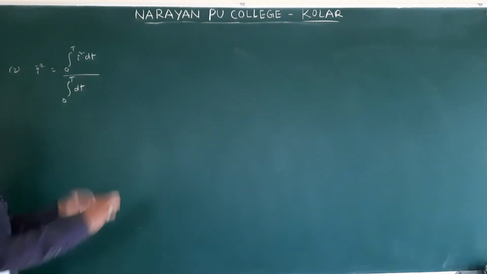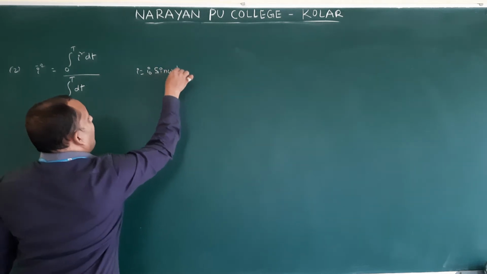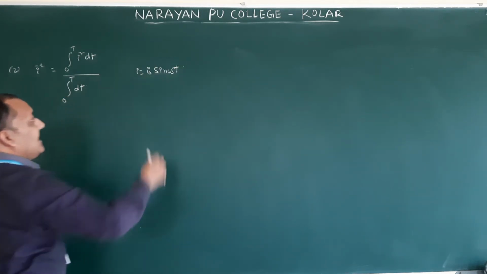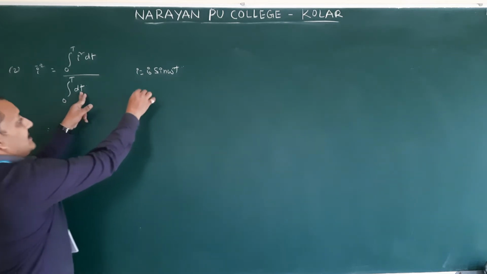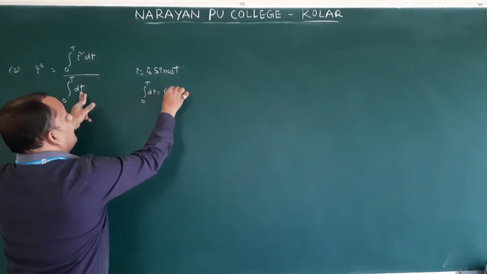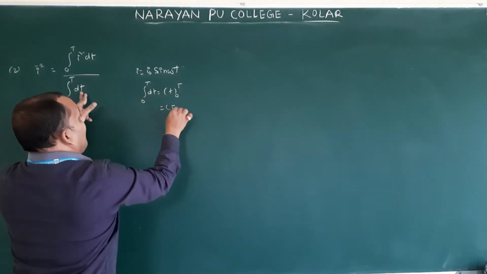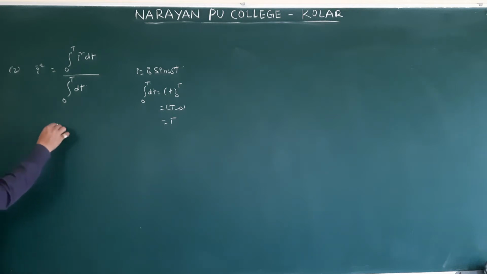What is I we came to know? I is equal to I naught sin omega t. Substitute. So this one you will be getting always. Integral dt 0 to t is there means you will be getting t. Just I am doing here 0 to t dt, that is nothing but t minus 0, just I am writing it as t.